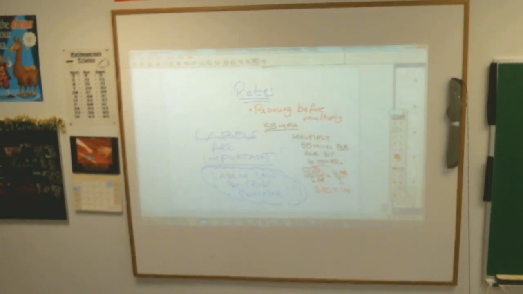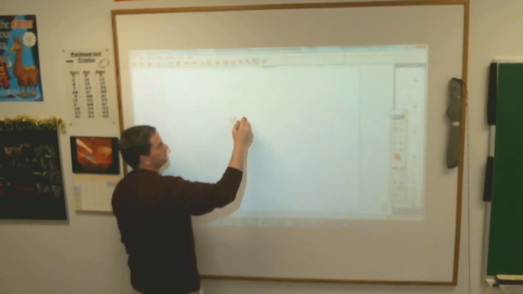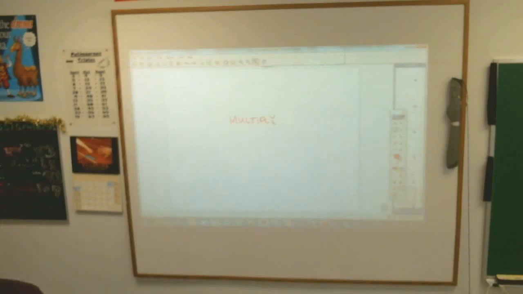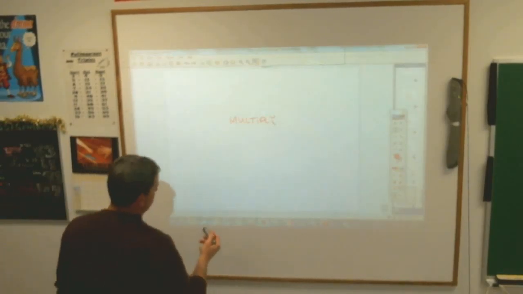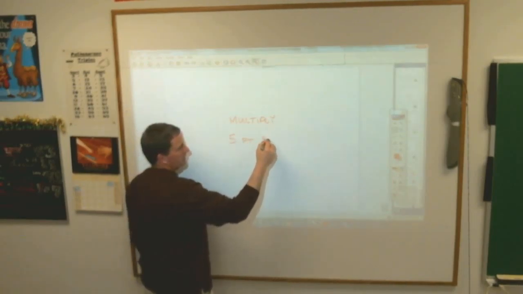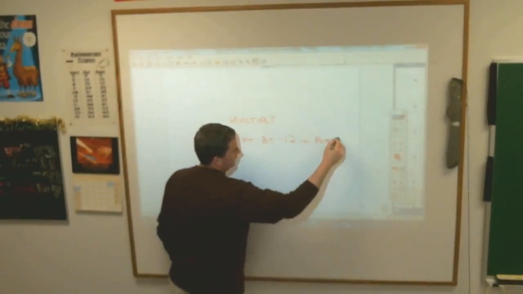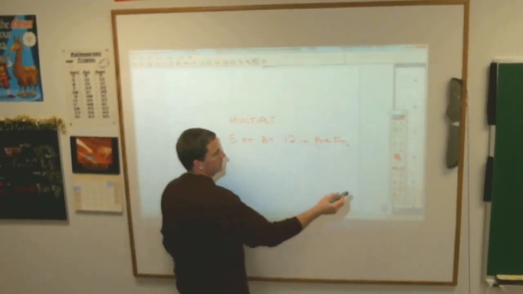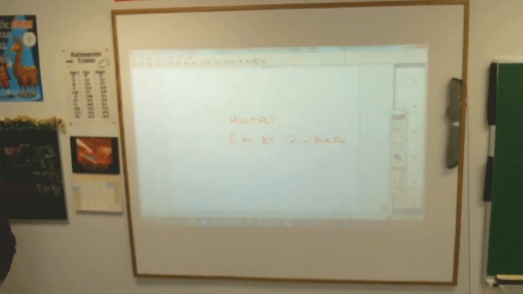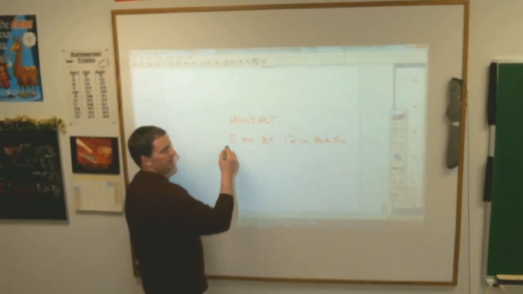You say, give me another one. Multiply 5 feet by 12 inches per foot. So changing the English sentence into a mathematical phrase, I take 5 feet.